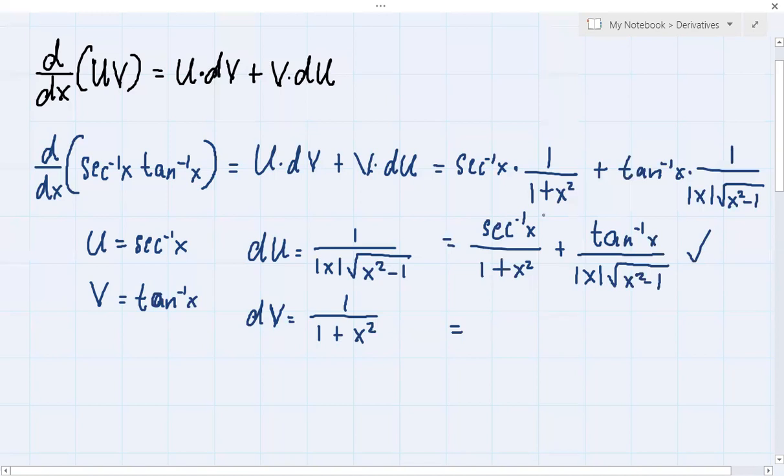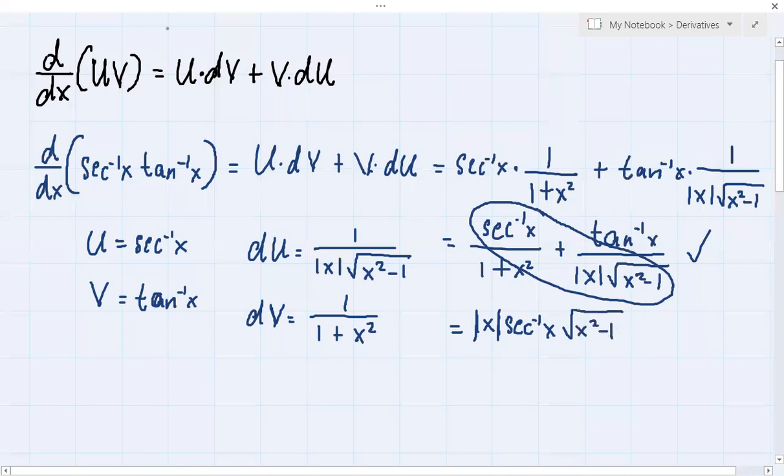There's no problem. So first, cross-multiply natin to, si arc secant at saka yung denominator ng arc tangent. So this would be, I think I would better write it this way: absolute value of x times arc secant x, tama ba ako? There you go. Times the square root of x squared minus 1.